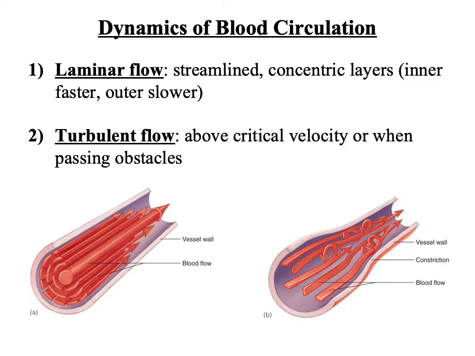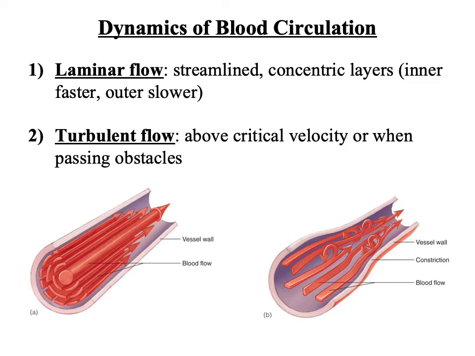Laminar flow is a very streamlined, quiet type of flow, which you'll see pictured in letter A. The red arrows represent the blood that is filling that portion of the vessel. You'll notice that all the arrows are parallel to one another, so it's a very streamlined type of blood flow. Everybody's going in the same direction. The concentric layers represent the speed at which the blood flows.